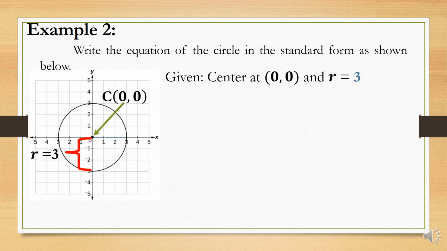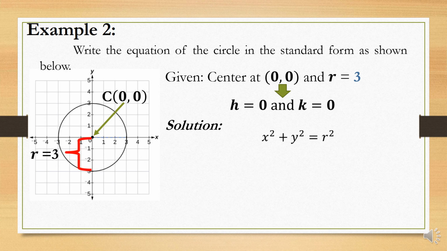Now, you have observed that the values of h and k are both 0. It means we will use the second equation of the circle. We can only use this if the center is at the origin.